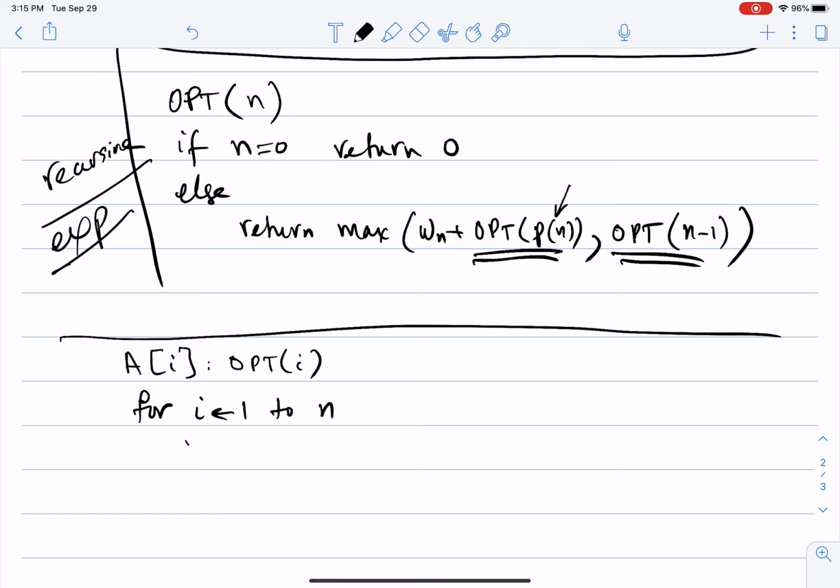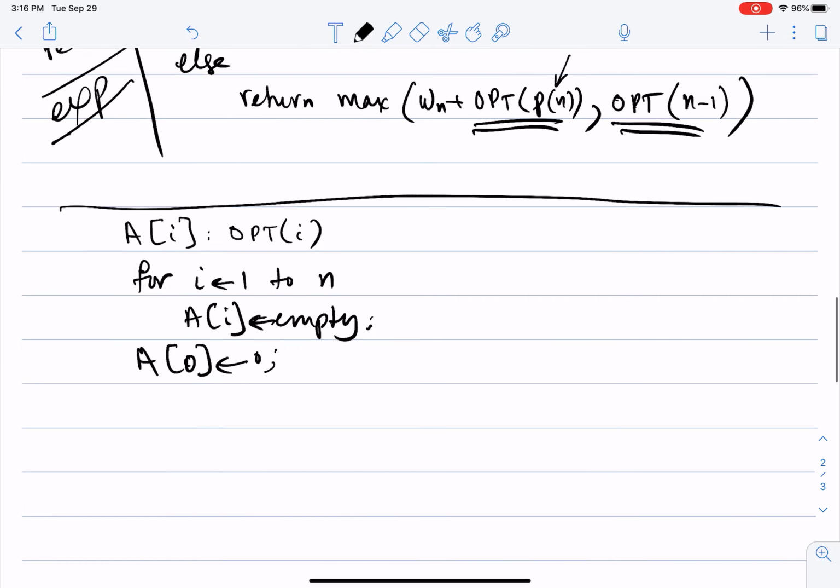I can say A of I, we can initialize it to empty. Okay, we don't put anything in it for now. And we initialize A of 0 to 0. Okay, so A of 0 is 0. When you don't involve any interval, the total weight is 0.